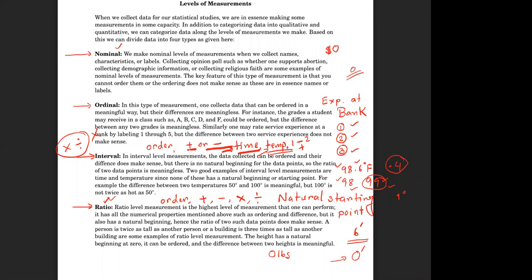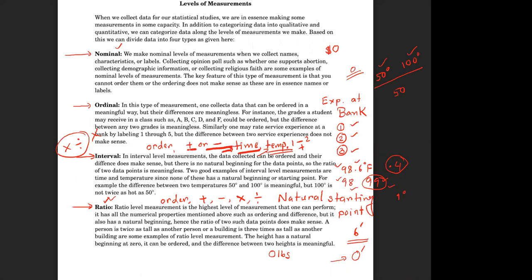The reason is this. Let's say the temperature in Salinas is 50 degrees and the temperature in Saudi Arabia is 100 degrees. You can say the difference between the two locations is 50 degrees, but you cannot say it's twice as hot in Saudi Arabia as it is in Salinas. That doesn't make much sense.